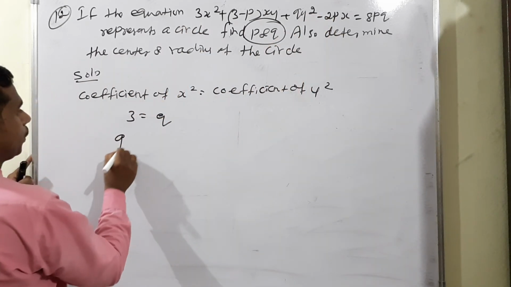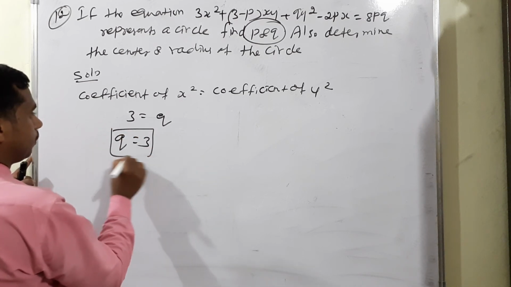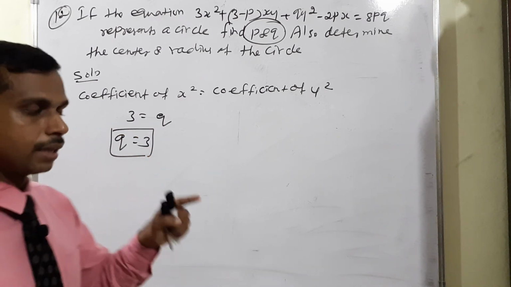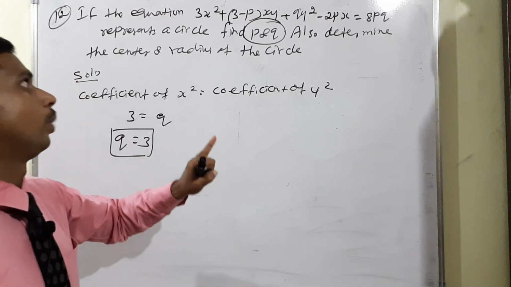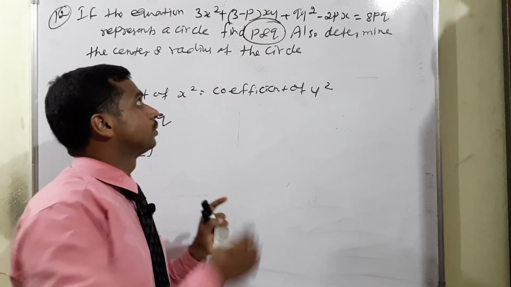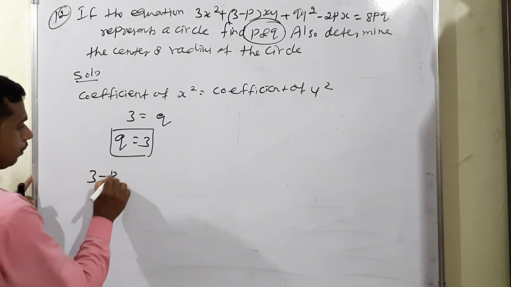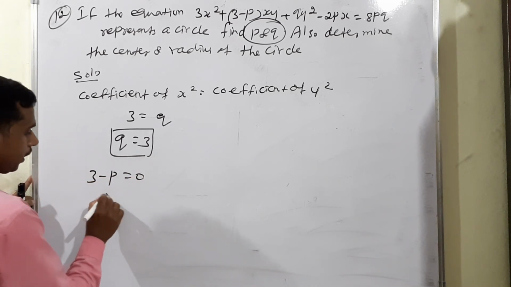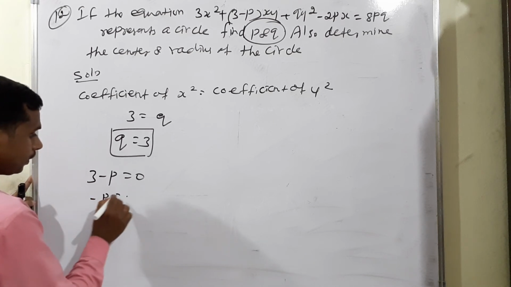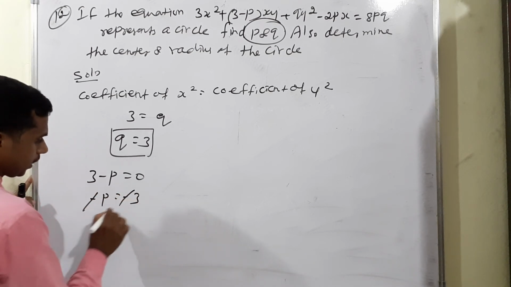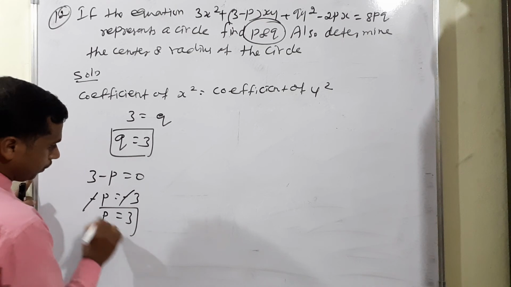So we can say the q value will be 3, first condition. Then definitely if it is a circle, there is no xy term, but here the coefficient of xy is there. So we can consider 3 minus p is equal to 0. So 3 minus p is equal to 0 means p is equal to 3.